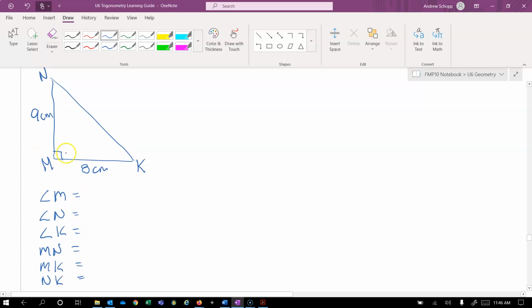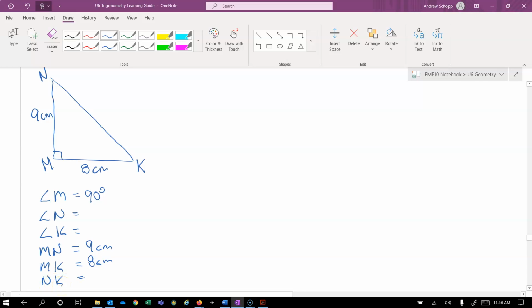So starting with the angles, we already know that angle M is 90 degrees. So that's one that we already know. Angle N we don't know, nor do we know angle K yet. Side length MN is 9 centimeters. Side length MK is 8 centimeters. And we need to still find NK.